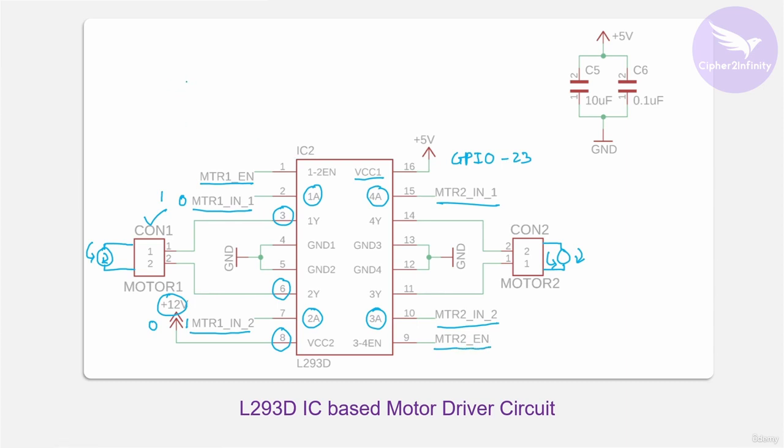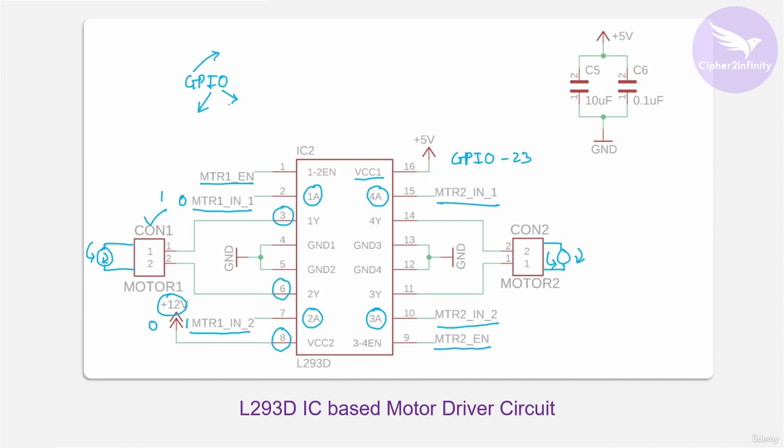We discussed that GPIO stands for general purpose input output. So you can use the GPIO pin of the microcontroller for output in order to generate logic 1 or logic 0, or you can also use it to read logic 1 or logic 0.